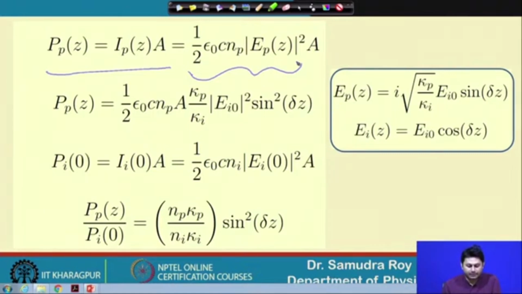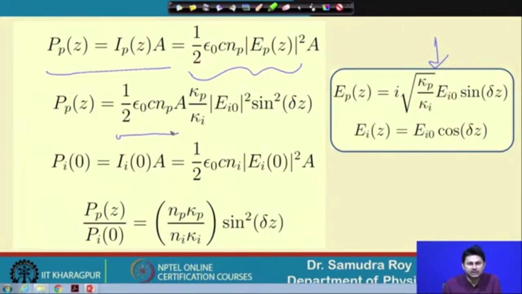So, this quantity, mod of EP(z) squared, we know, because these are the two solutions that we have generated through the coupled equations. When we put this into the expression, this becomes half epsilon 0 n_P c.